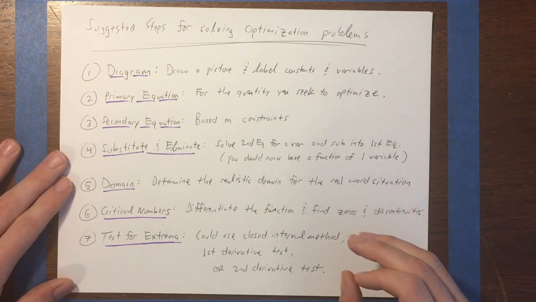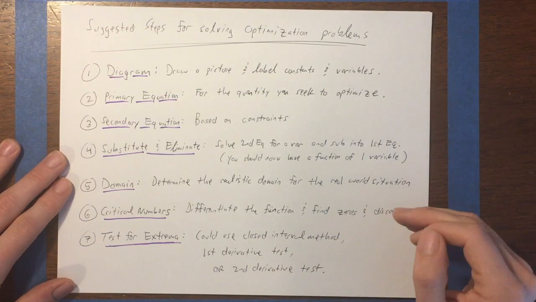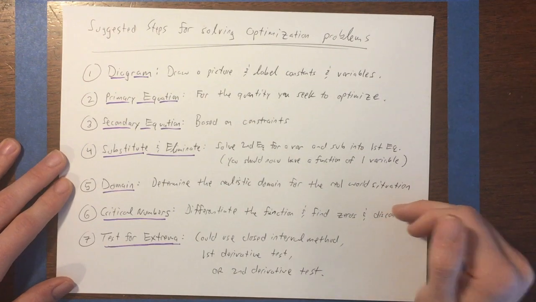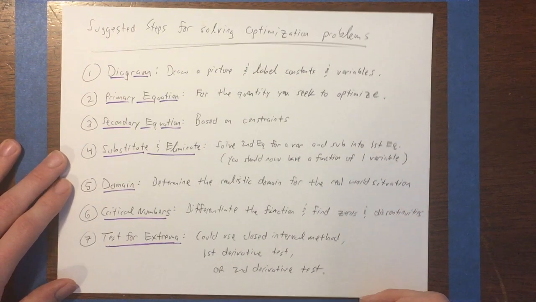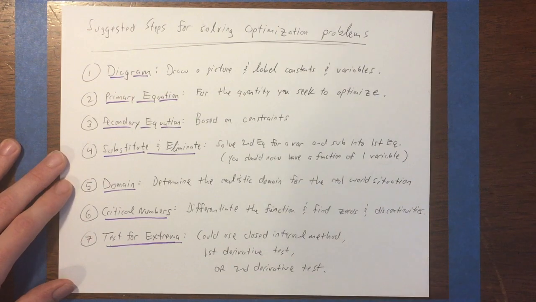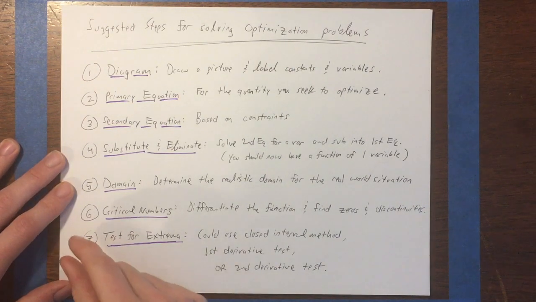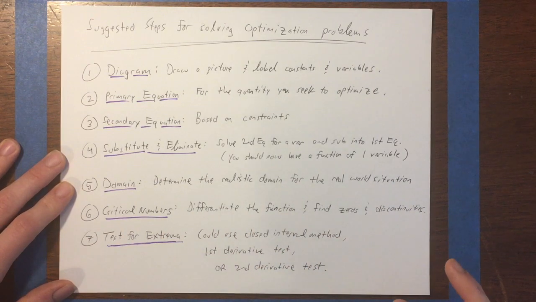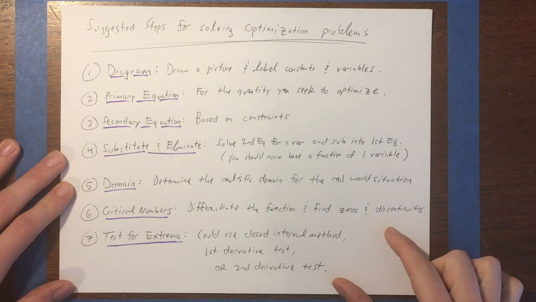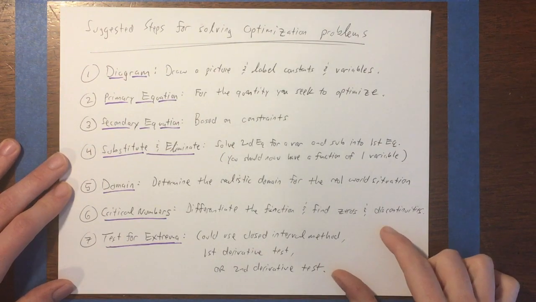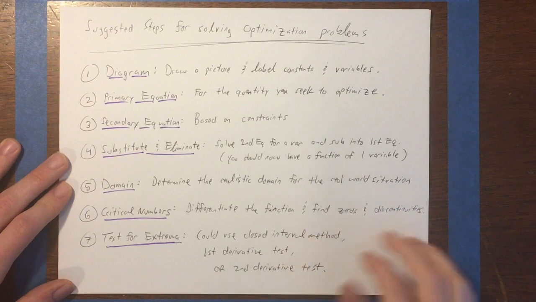What I caution you against is do not just find one critical value, like one critical number, and assume that's where your answer is going to happen, and then just type the answer in and move on. Like, you could do that, and it's true that in a lot of scenarios that actually is going to work. But if you're doing this on a test, I need you to do step 7, which is I need you to show me that you have confirmed that critical number you found is where the maximum is, or is where the minimum is, depending on which one you're looking for.